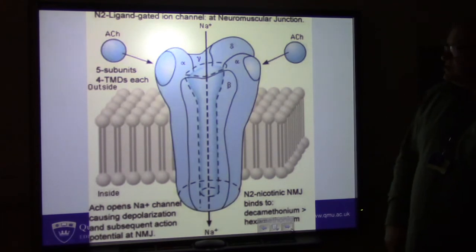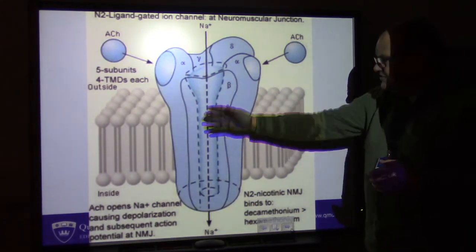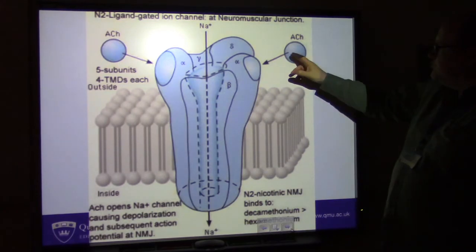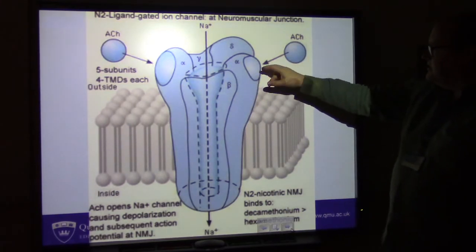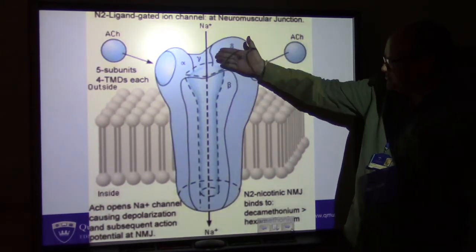Now this is the structure of the receptor. The acetylcholine receptor at N2 is a ligand-gated ion channel. Thinking back to our receptor structure, and we used this as an example back then, it's a long-chain protein that's folded multiple times to create a transmembrane pore. When acetylcholine works on it, at the two binding sites on the two alpha portions of the molecule, that opens up a sodium channel.